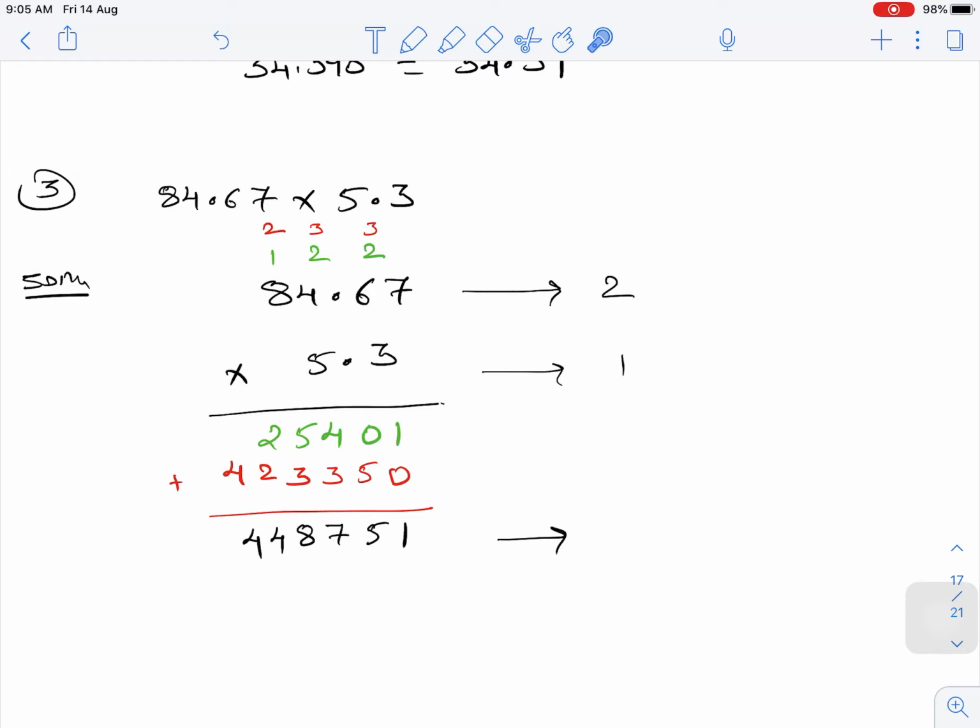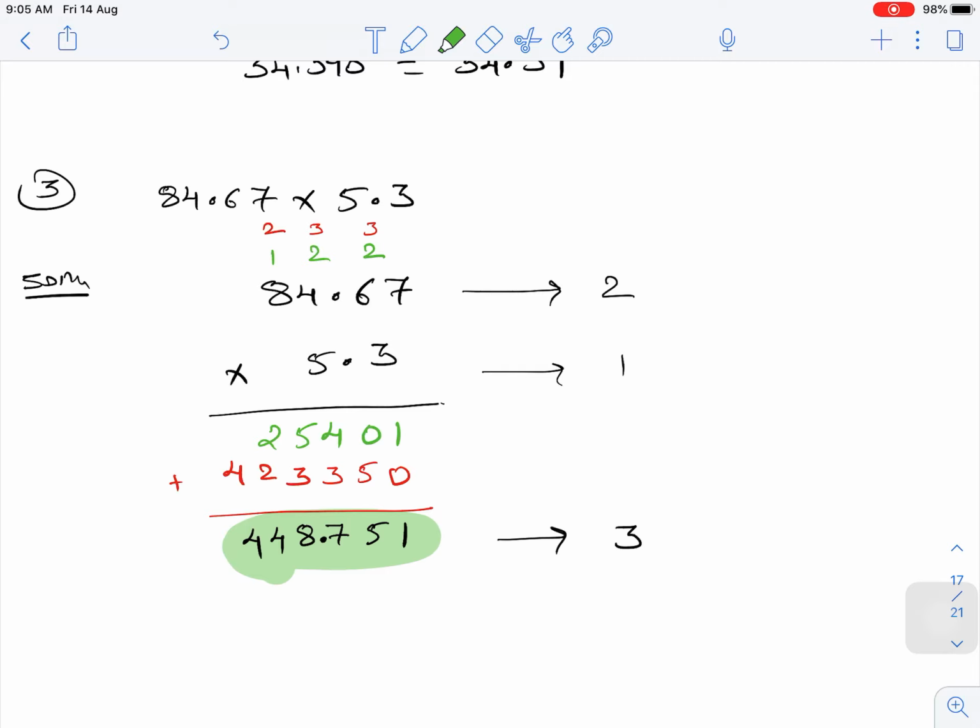So 2 plus 1 will become 3. It means that in our answer the number should have 3 decimal places. So from where we will start? We'll start at the end of the number. So 1, 2 and 3. So our decimal should come between 8 and 7. Okay, so this is our answer.